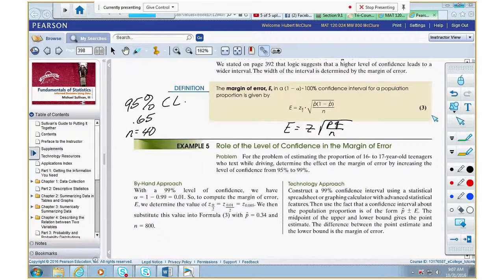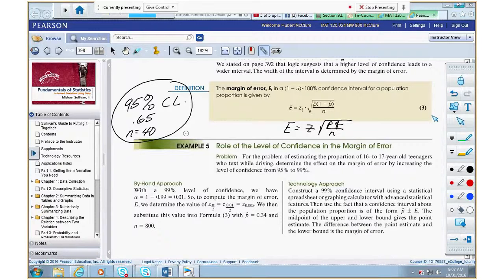So you would look at the 95 on your card and go over to the last column. What's the z-score or the point estimate for 95%? So then we would go E for this.